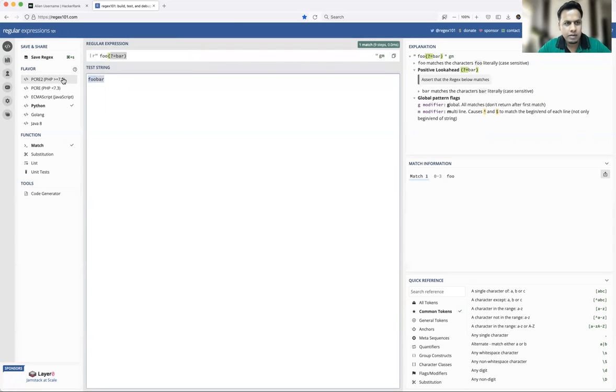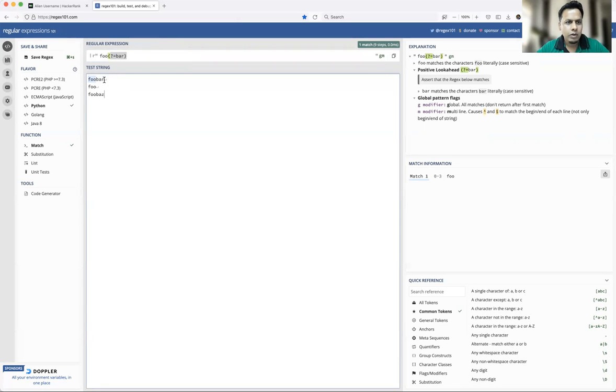If bar is not there, will it highlight? See here, I'm searching for foo. Here also we have foo, right? Why is it not highlighting? Because it is not ending with bar. So that kind of condition we can put. This is known as positive look ahead. Let me take some more examples. Foo, let's say B-A-Z. See here, it is not ending.